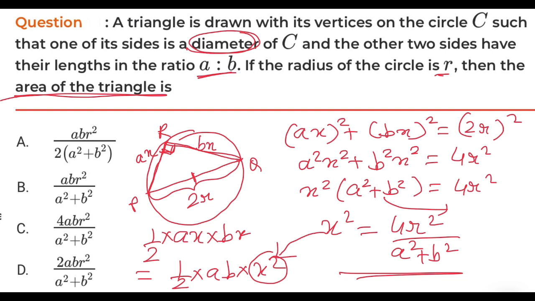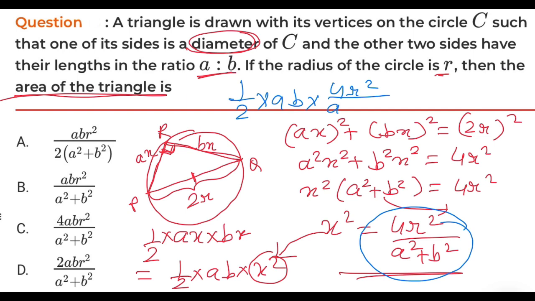We will get half into AB into, in place of X square, 4R square upon A square plus B square. Cancel out 2 and 2. The final area is 2R square AB divided by A square plus B square. This is very clearly your option D.